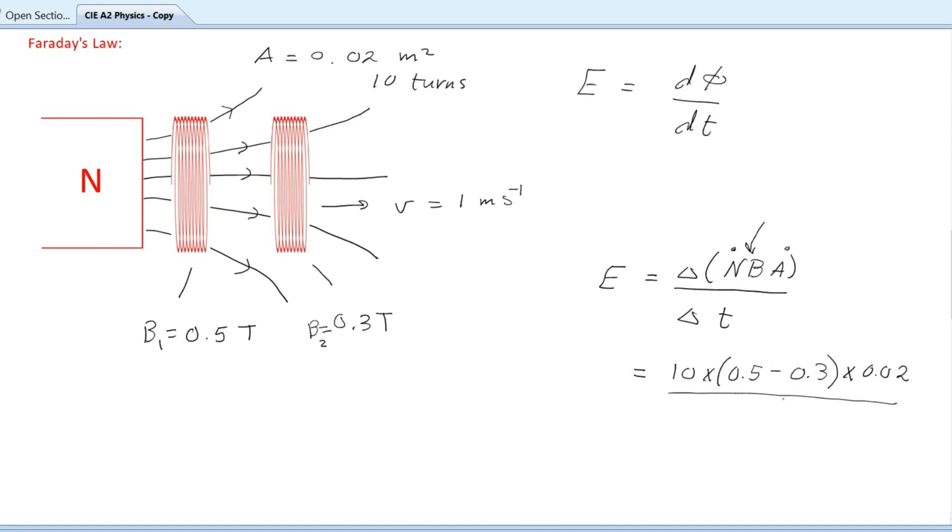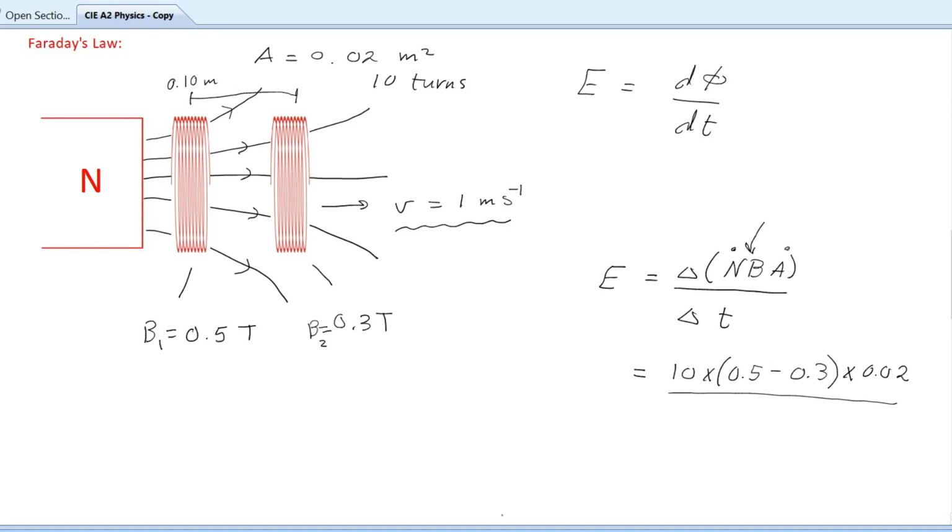divided by, how can you get the time now? You have a motion which has a certain speed. All you need now is the distance. So what if the distance between this region and that region is 0.1 meters, that's 10 centimeters.